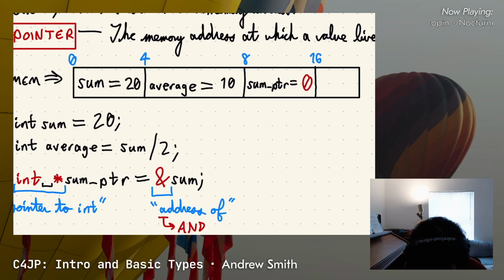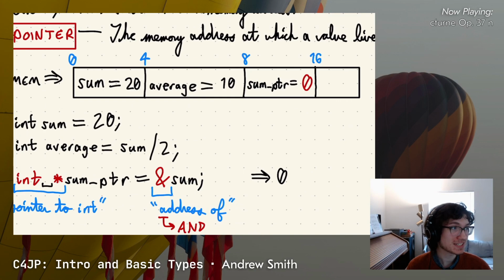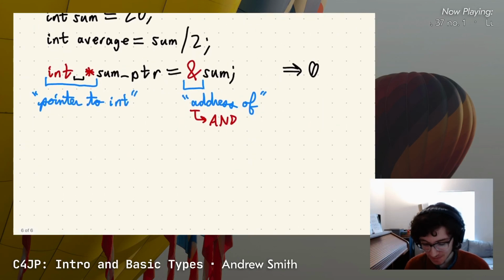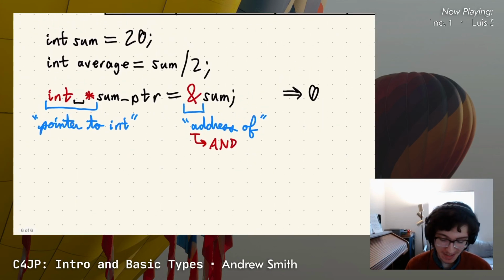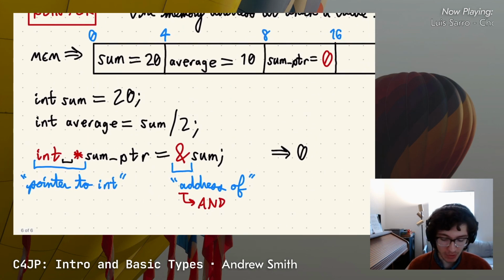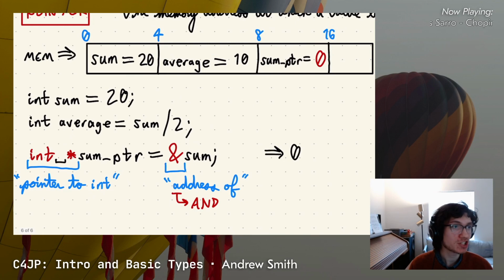And we'll note that here. That's relatively straightforward, right? Again, we've got a plain English declaration. Pointer to int sum pointer equals the address of sum. And if we know how memory works, and if we run with this abstraction of memory just being this sequential array of values, then it's relatively straightforward.